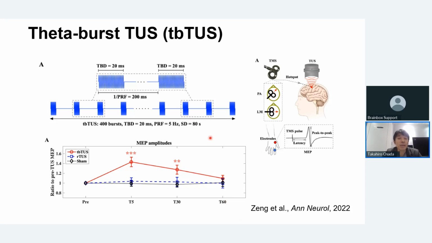One such protocol is theta burst stimulation, developed by Robertson Lab at Toronto. In this protocol, pulses were delivered at 5 Hz, corresponding to the rhythm of theta, for a duration of 80 seconds. When this TBTUS, theta burst TUS, was applied to the primary motor cortex, an enhancement in MEPs was observed.